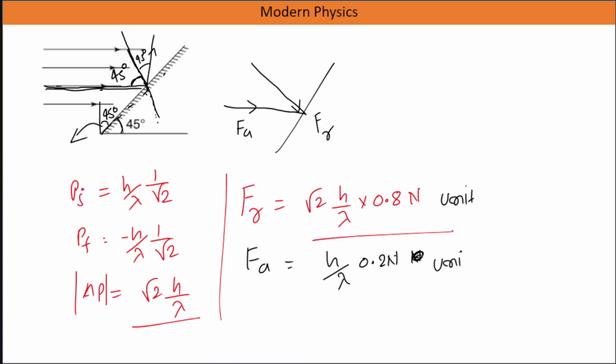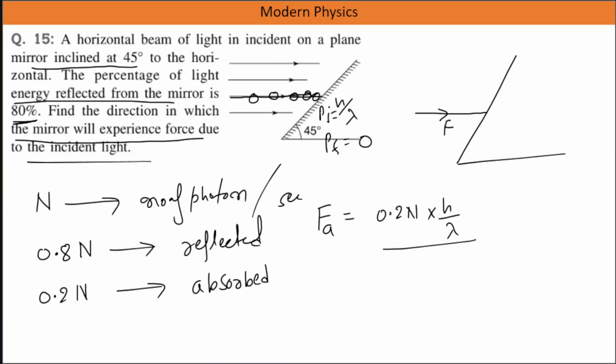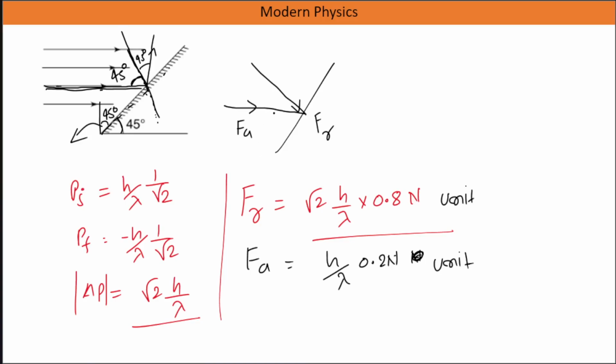What we were required to calculate is the direction in which the mirror will experience force due to incident light. So overall in which direction it will get force, that will be the resultant of this one. Or you can break this FR into vertical and horizontal, and then calculate the direction. So overall Fa is in this direction, and a component of FR will come in this direction.